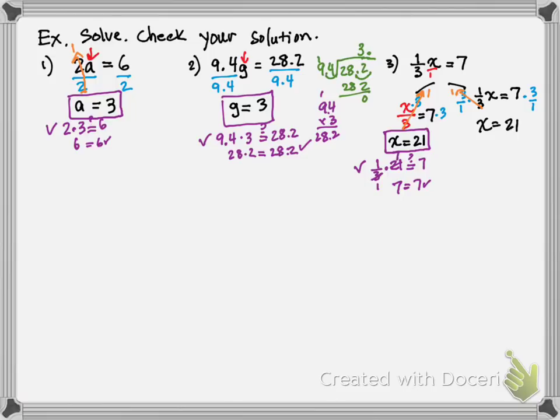So if you have a fraction, you can multiply by the reciprocal, that's the flip, of a fraction coefficient on both sides.